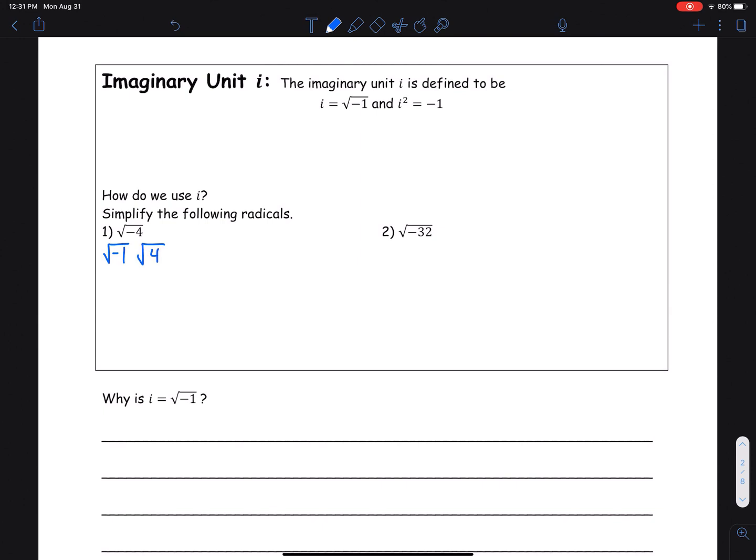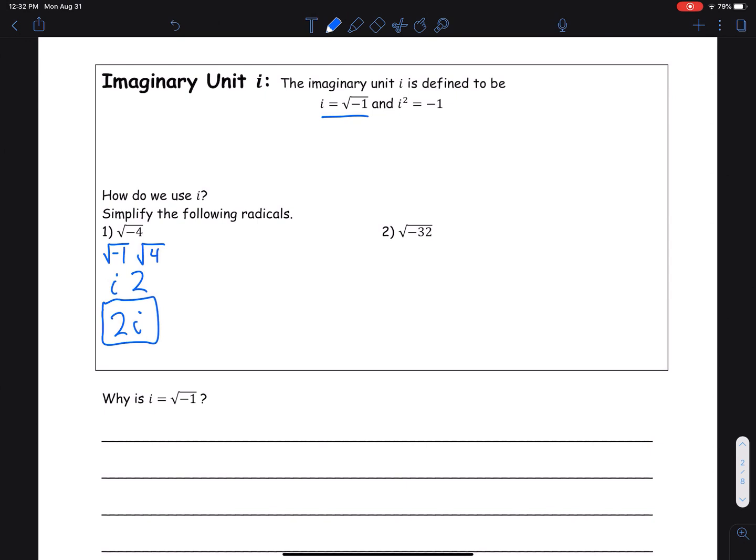So radical negative 1, radical 4. Radical negative 1 is i. So we would write i for radical negative 1. And then radical 4 is 2. So i times 2. It's like when we do x times 2, we don't want to write x2. You write 2x. So here we would write 2i. And that is how we would solve it.